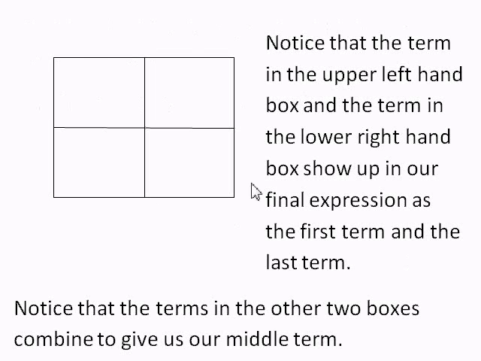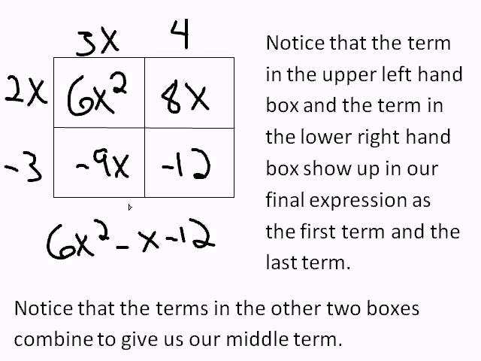Now there's several things I want you to notice about this expression we got after we multiplied. Notice that the term in the upper left-hand box, I'm going to outline that in red, and the term in the lower right-hand box, shade that in blue, show up in our final expression as the first term and last term.